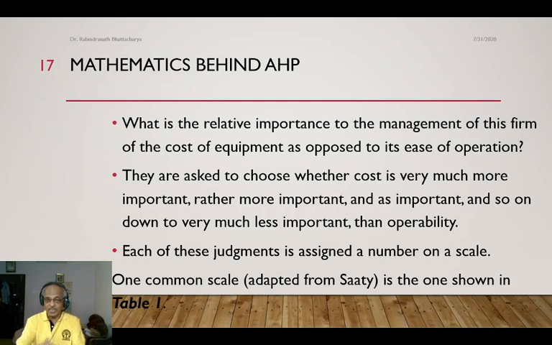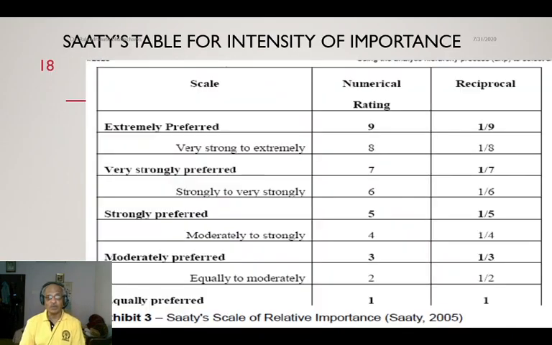Now, each of these judgments is assigned a number on a scale, and that is called the Saaty scale, and it is shown in table 1. Extremely preferred, numerical rating is 9, reciprocal is 1 by 9. So suppose if you give A to B as 9, then B to A must be 1 by 9.